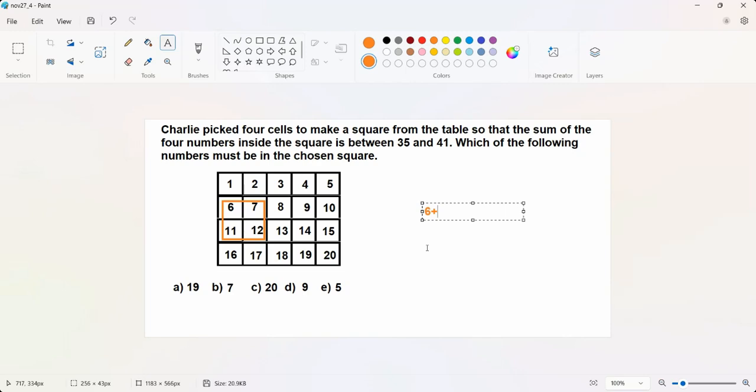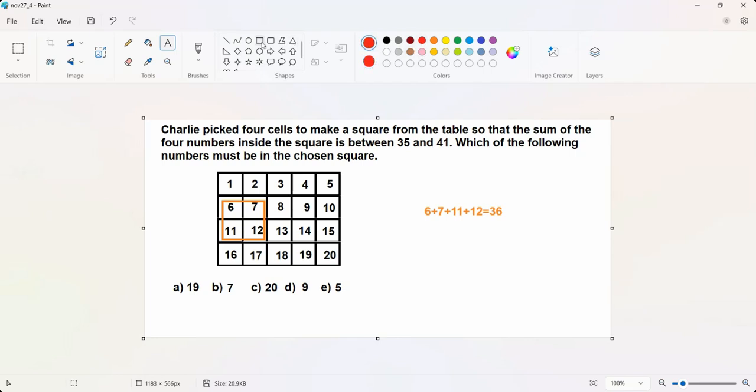So 6 plus 7 plus 11 plus 12 is equal to 36. So now we have one square that gives us something between 35 and 41. So we keep trying, we keep looking, and let's see what happens.